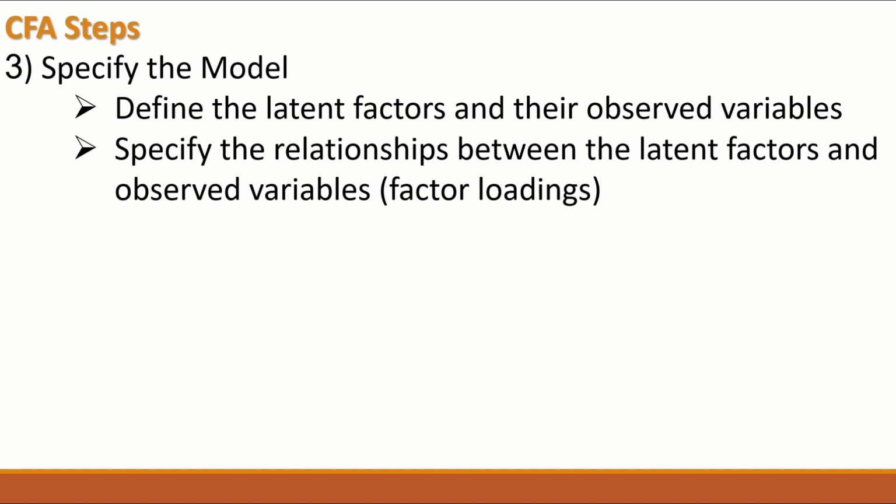Specify the relationship between the latent factors and observed variables, which is the factor loading. So you need to specify the model, build up the model as shown previously in the slide, which shows the model, the structure for the factors and the items loading to each factor. Draw the model.